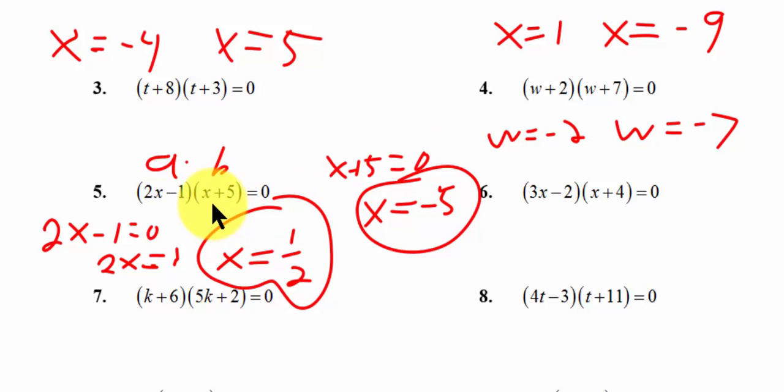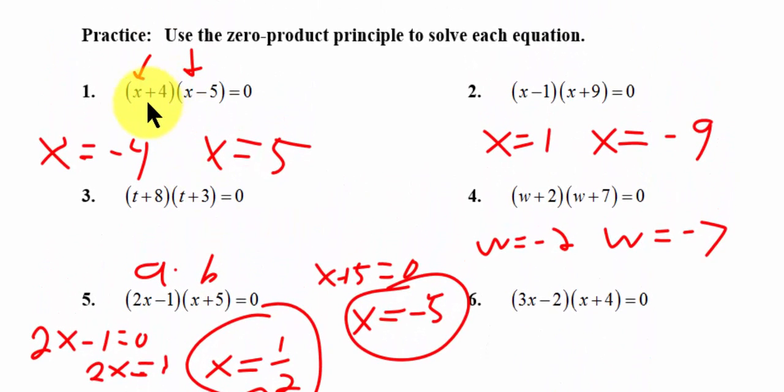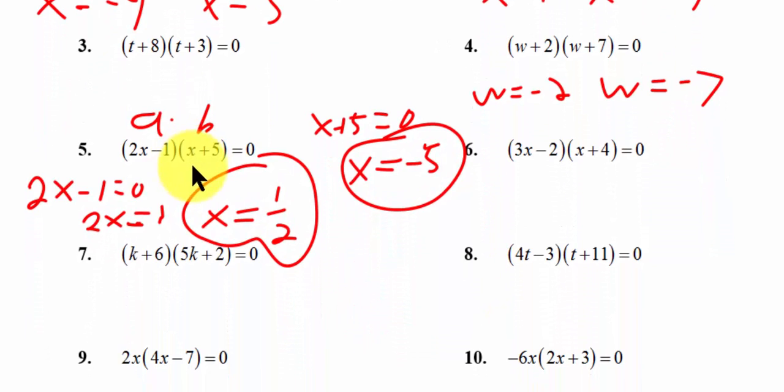You can just look at this and say, yeah, negative 5 is going to give me 0, just like we did in problem 1. We didn't actually set this piece equal to 0. We just looked at it and said, negative 4 or 5 would give me 0. Positive 1, negative 9 would give me 0. So I can just look at this and say negative 5, because negative 5 plus 5 is 0.